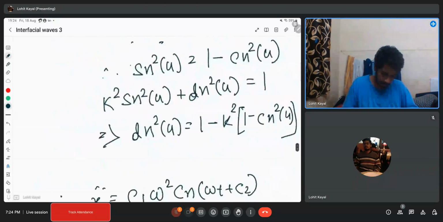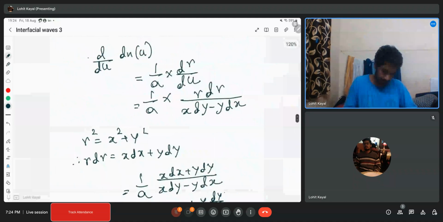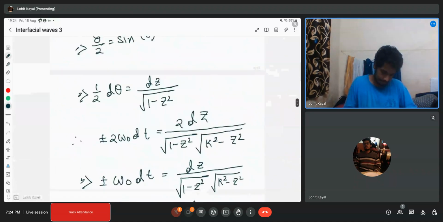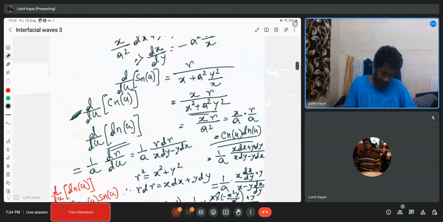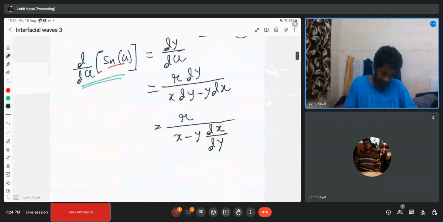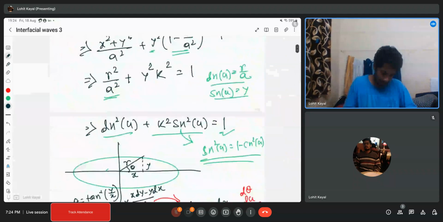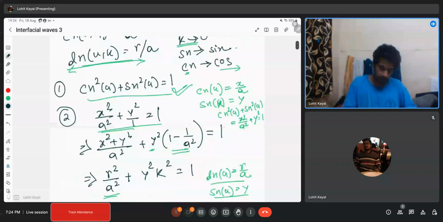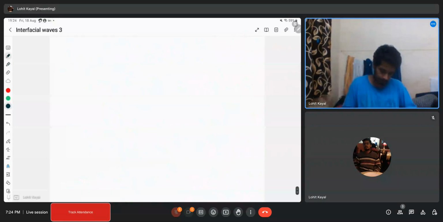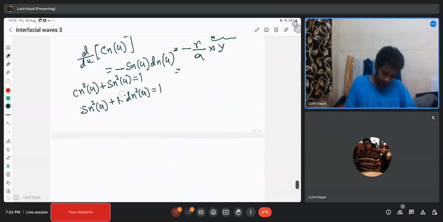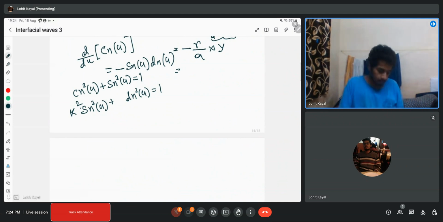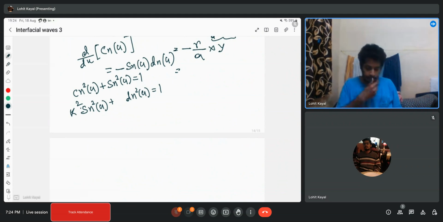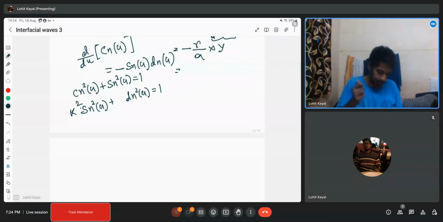I think I am writing this correct. No, dn square u plus k square sn square u, right? So k square sn square u plus dn square u equal to 1. So we can actually substitute this. Let's see what we can get here.